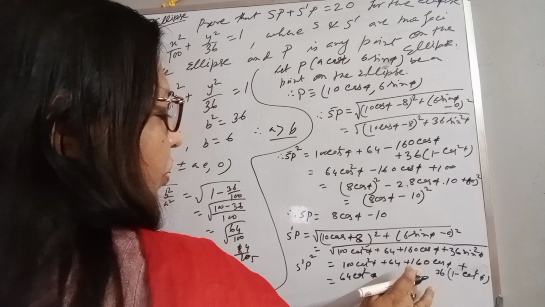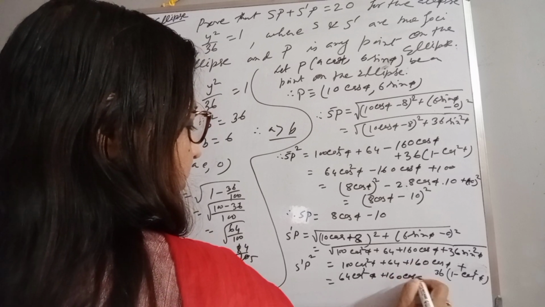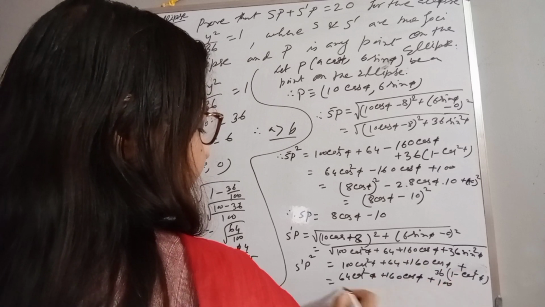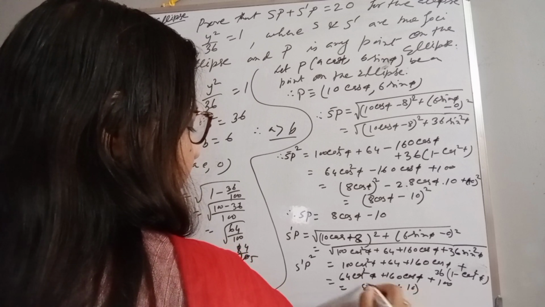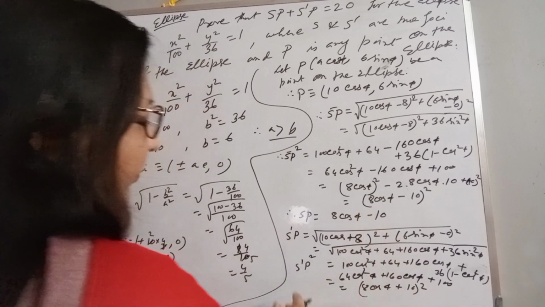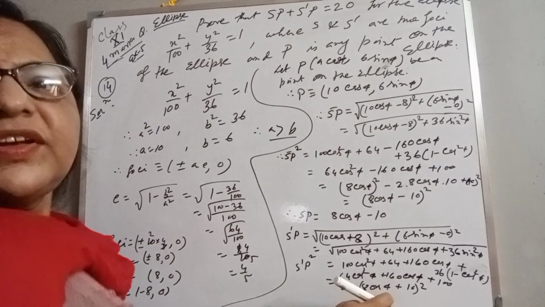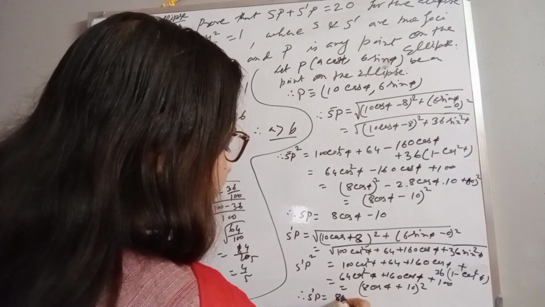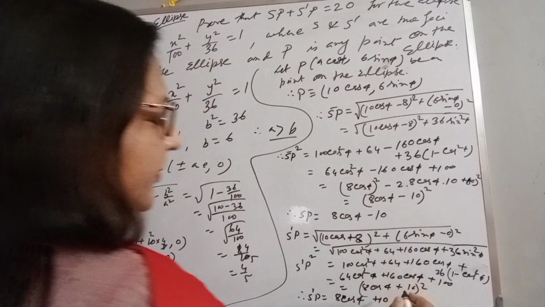And 160 cos phi will be here. And 64 plus 36 again 100. So it is coming 8 cos phi plus 10 whole square. Here we have got 8 cos phi minus 10 and here we have got 8 cos phi plus 10. So S dash P then will be 8 cos phi plus 10.